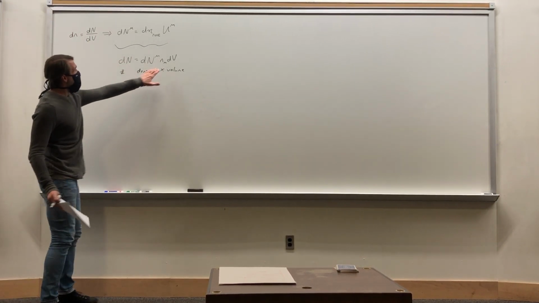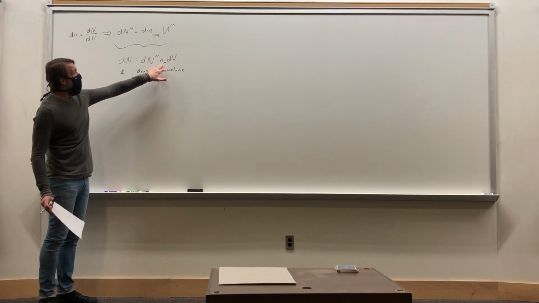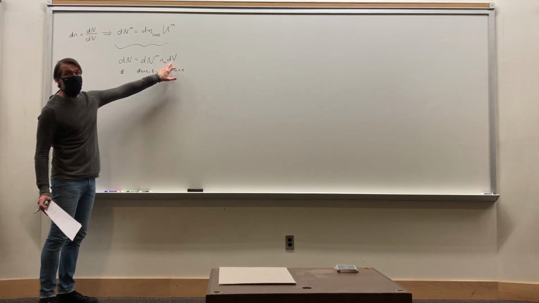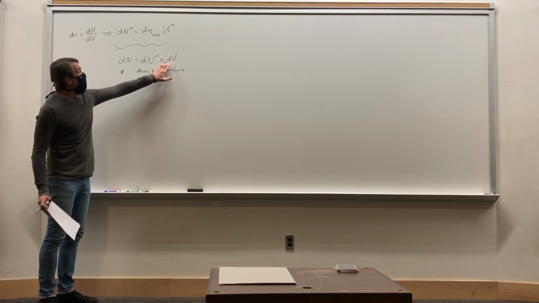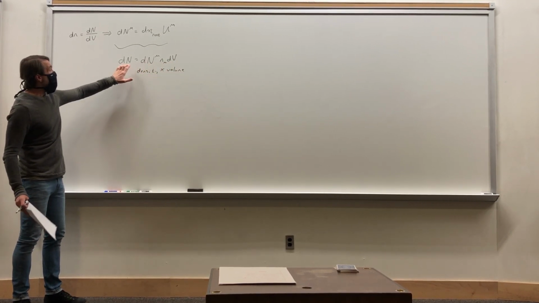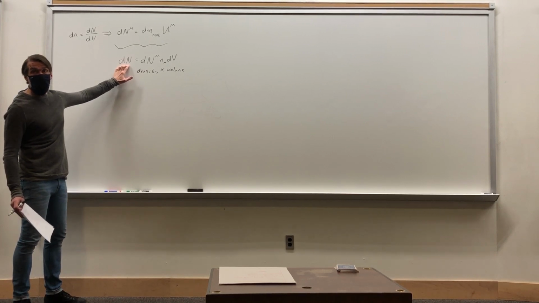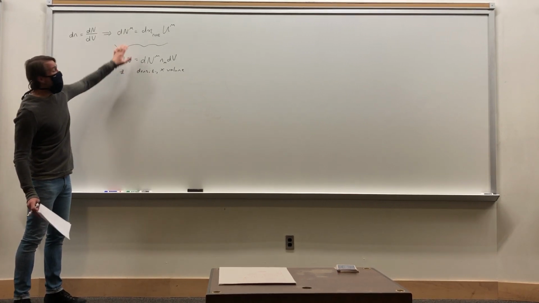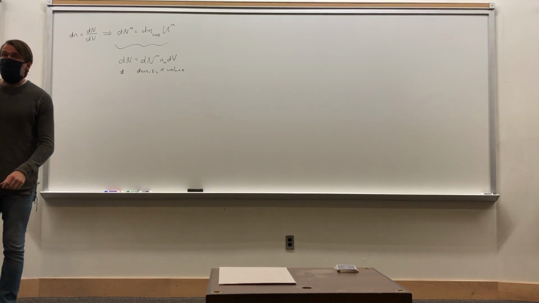So the volume is described by a normal vector times the volume itself, and this is contracted with the density vector to create a scalar, which is the number of particles, okay? So both of these roughly contain the same information.